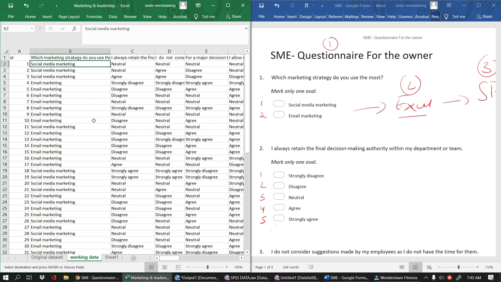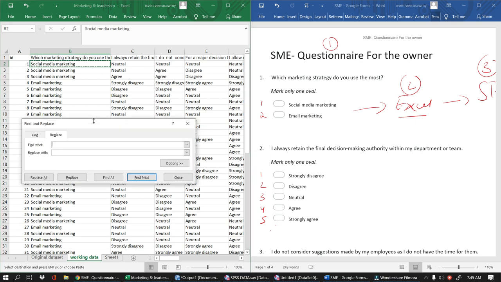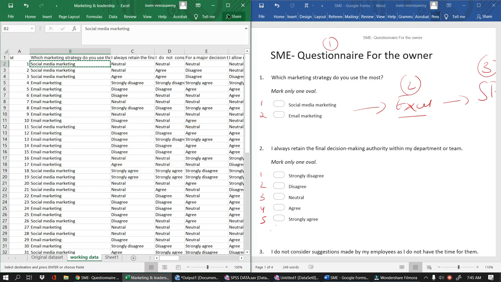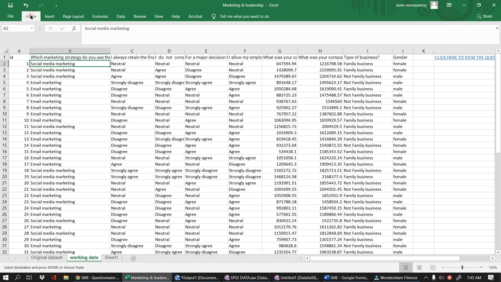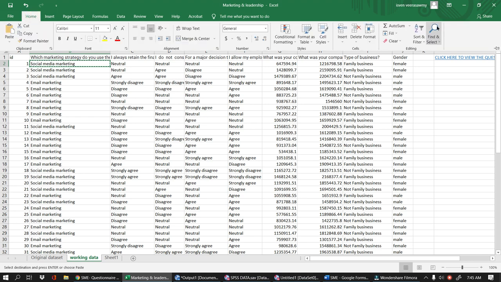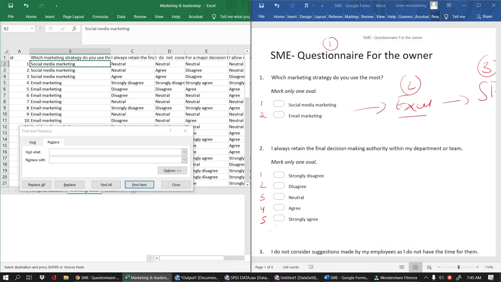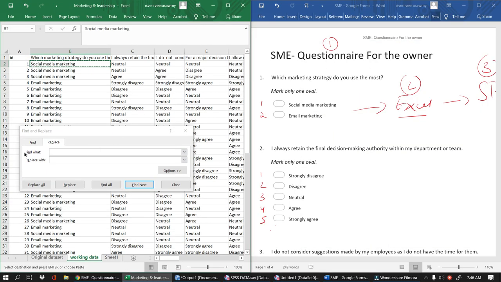So to replace, you press Ctrl and H on your keyboard, or you simply click on Home and this icon over here and replace. Now find what we want to find: social media marketing, and I want to replace it by my coding over here, which is 1. So you click on replace all.